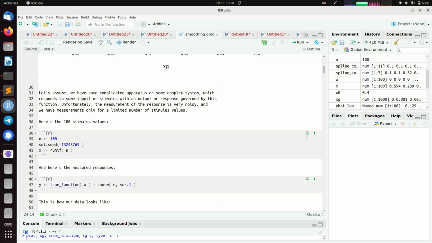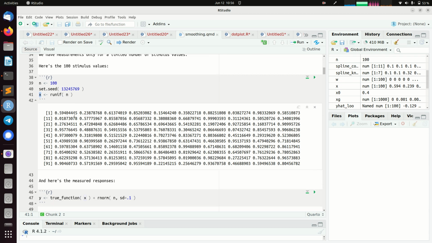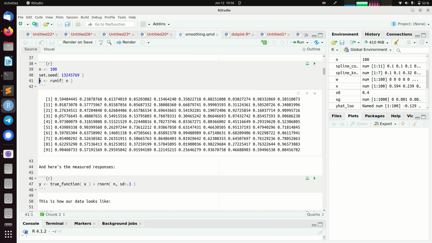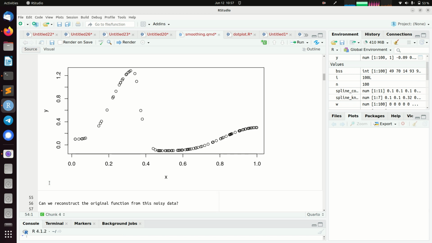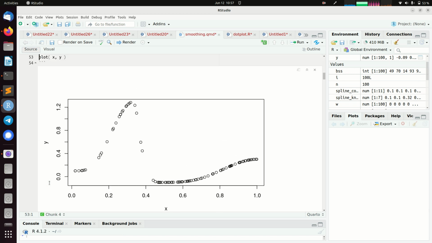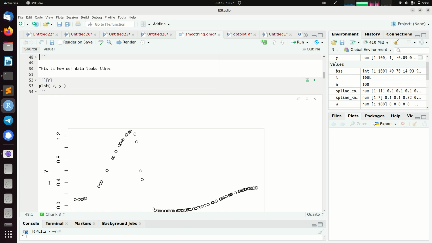So I take 100 numbers between 0 and 1, and for each of these 100 numbers I calculate the true function. If I did it like this, the whole thing would not be very surprising. We get the same curve as before, only spotty.